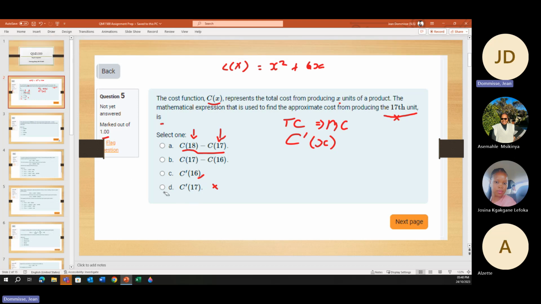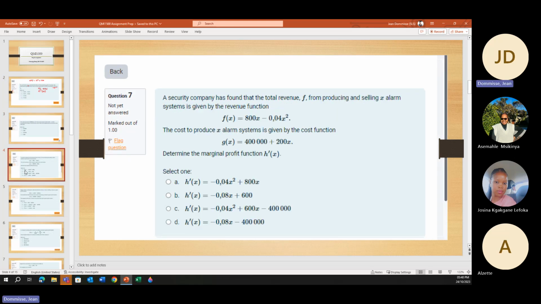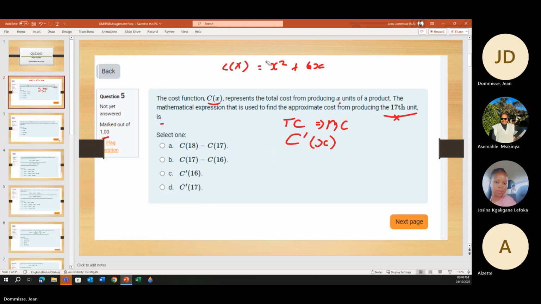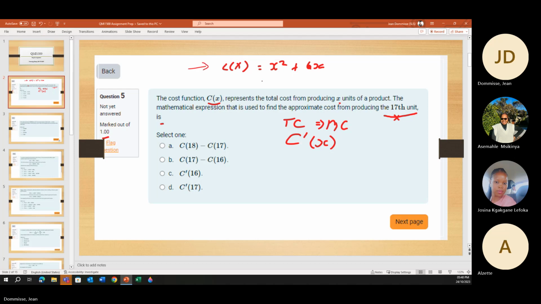I just want to check if there was a nice cost function somewhere else that we could just use. So let's use that one as the cost function. And that is what I would have done, the marginal cost.